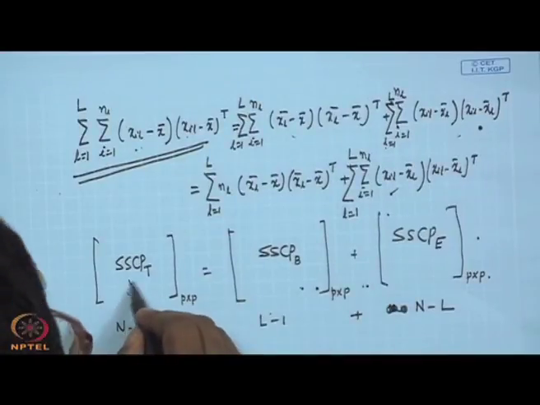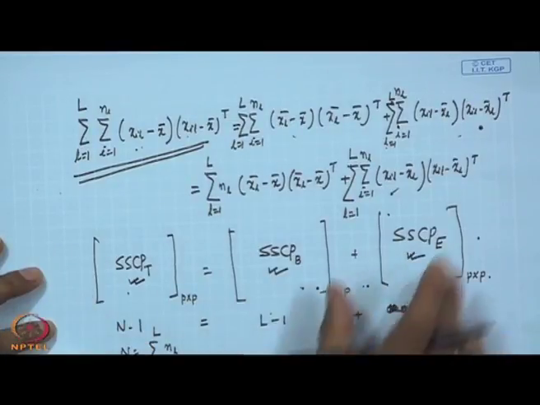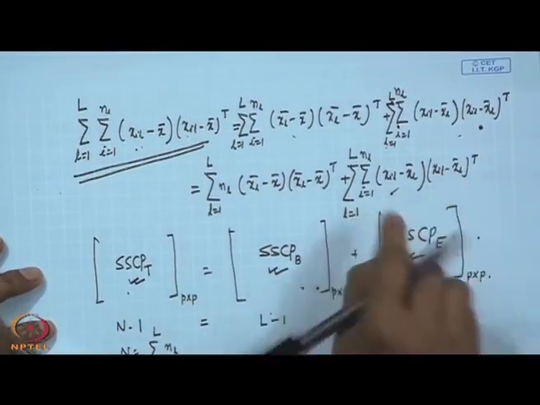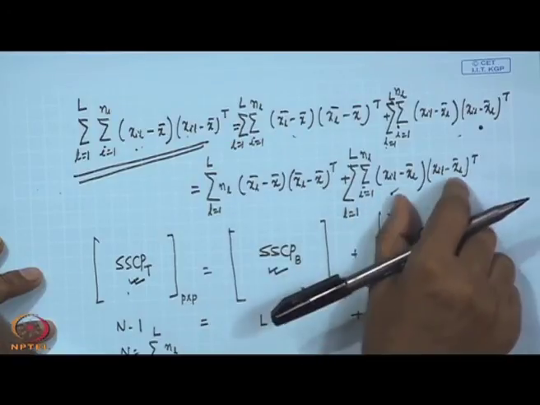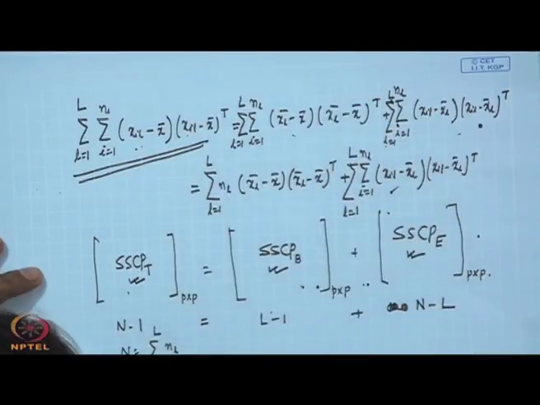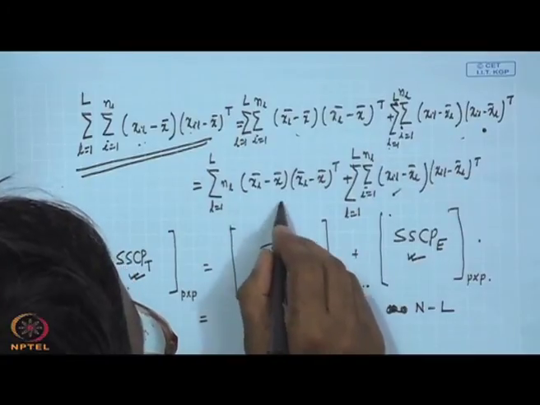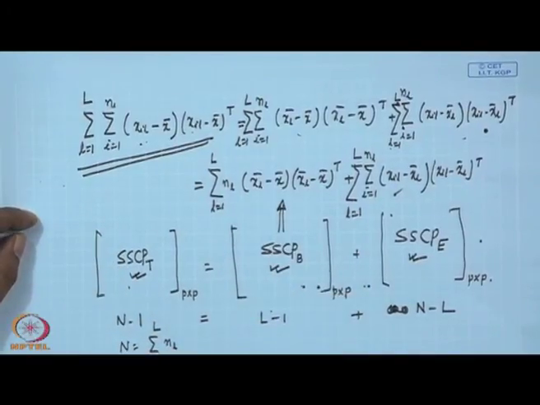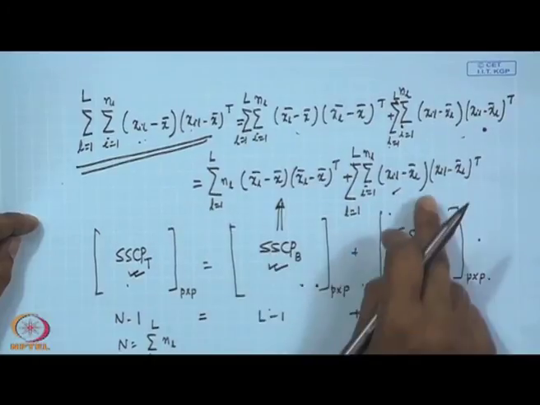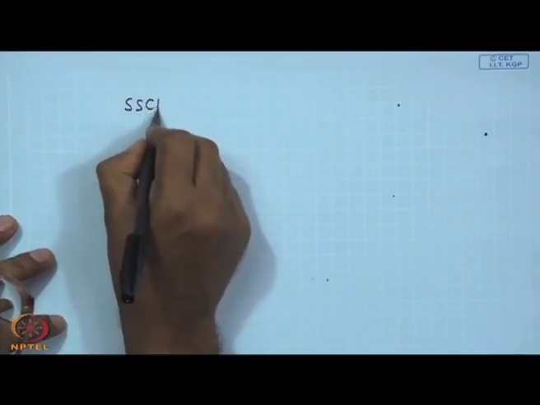So, when you need to calculate SSCPT, SSCPB and SSCPE, it is really difficult. You see that in terms of matrix, transpose, then one sum over a second sum and so on. So, from a computation point of view, SSCPB is a little easier than the other two. First you compute SSCPB using this formula, absolutely no problem.